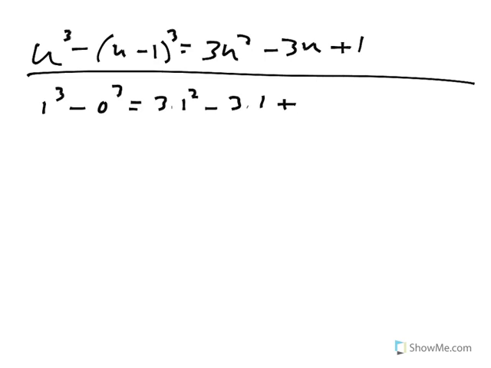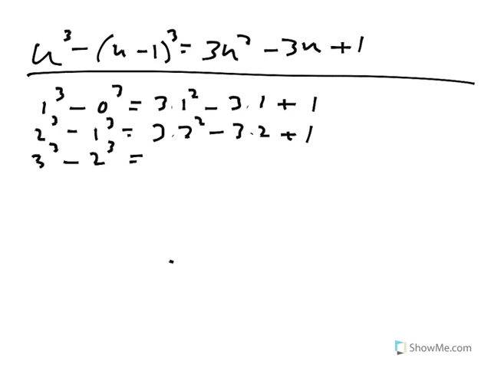I'm not going to actually multiply these out. I'm going to leave it as 1 squared and 1. Then I'm going to plug 2 in for n. 2 minus 1 is 1. And I'll plug 3 in, and then I'll jump ahead to the general case. I'll say dot, dot, dot. Then I'll put n in.